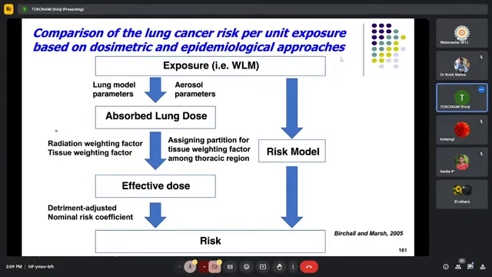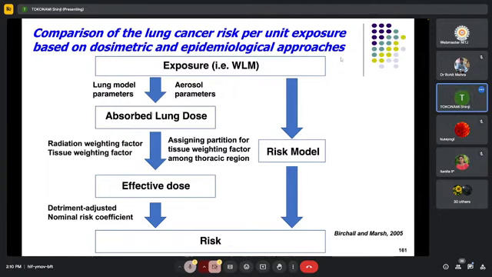Then, considering the radiation weighting factor, the tissue weighting factor, and the partition of the tissue weighting factor among thoracic regions, we get the effective dose. Then, with the determined adjusted nominal risk coefficient, we obtain the risk.